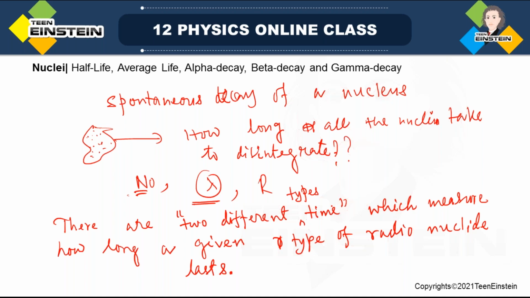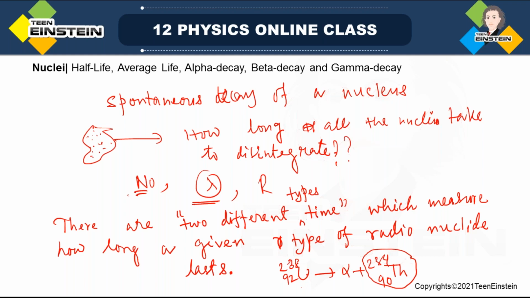We'll take a few examples later when we discuss alpha decay, beta decay, etc. At that time you will see, if a nucleus, suppose uranium 238, 92, decays by emitting an alpha particle, it becomes thorium 90, 234, along with the alpha particle. So it is becoming a different nucleus itself, uranium to thorium.